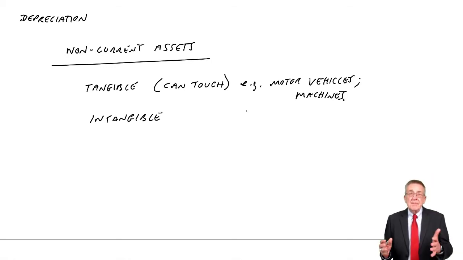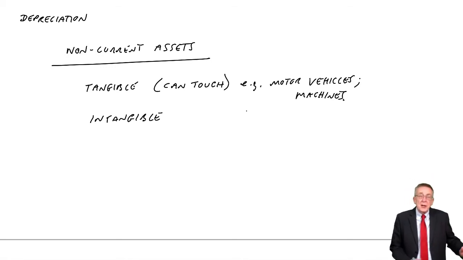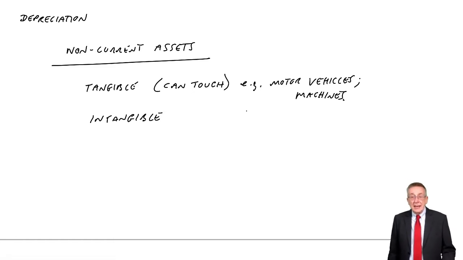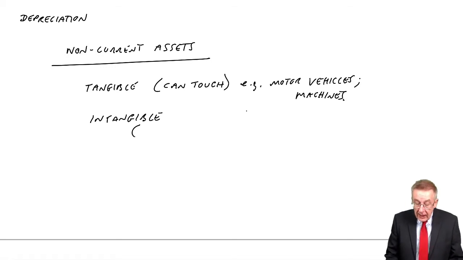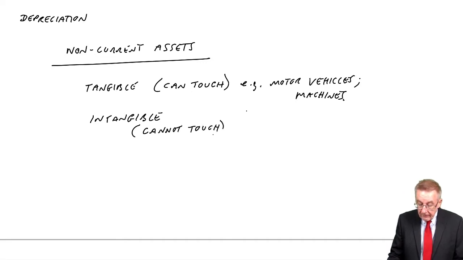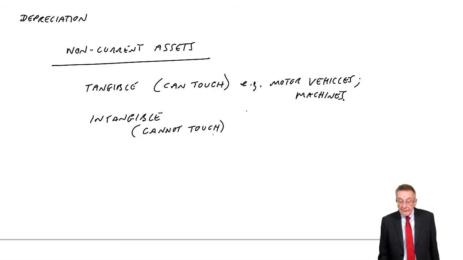So most of the normal non-current assets, and all those I referred to in the earlier examples, are what we call tangible non-current assets. However, there are ones that you can't touch, and we call them intangible.